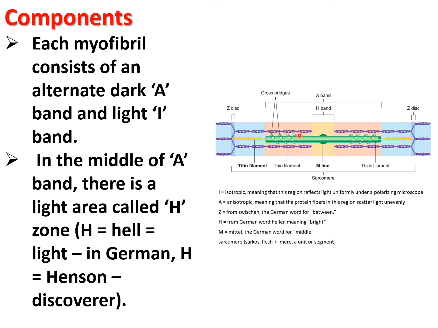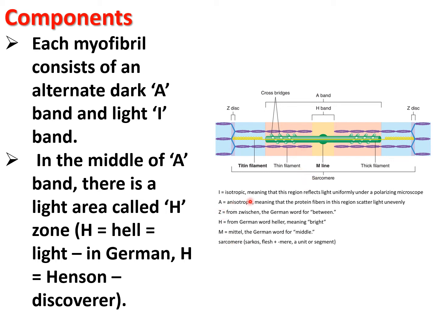So this is the A band, and it is anisotropic, meaning that the protein fibers in this region scatter the light unevenly. And this is the thin filament or I band.